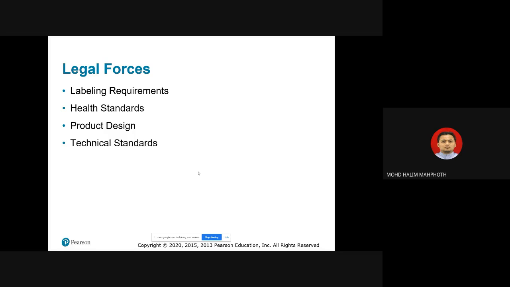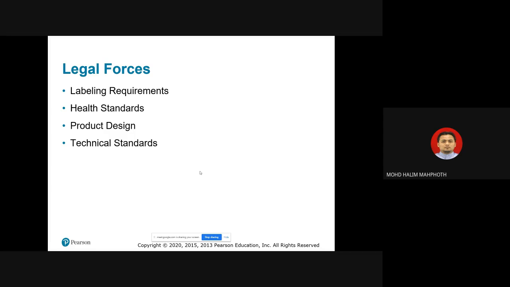This is what we call labeling requirement, because some people are not tolerant toward this product and may have side effects. The same goes for suitability for vegetarians. If the product contains alcohol, it is not suitable for Muslims, so they have to declare it on the label.